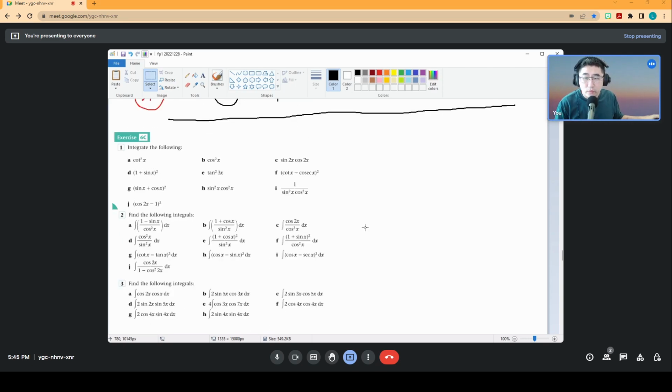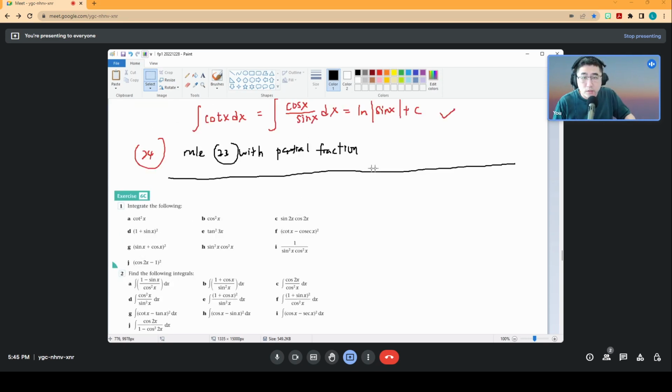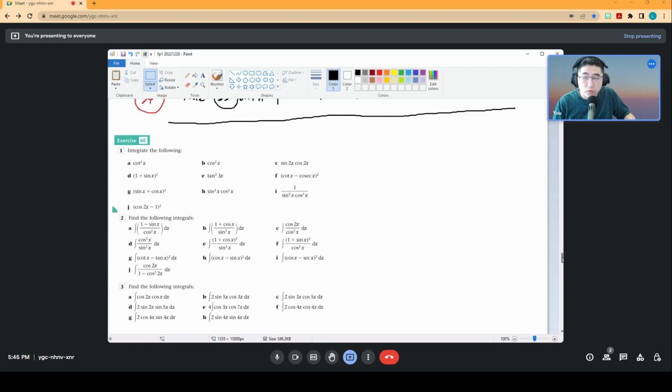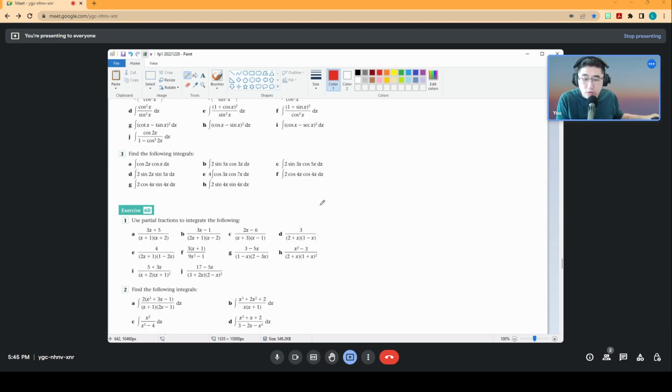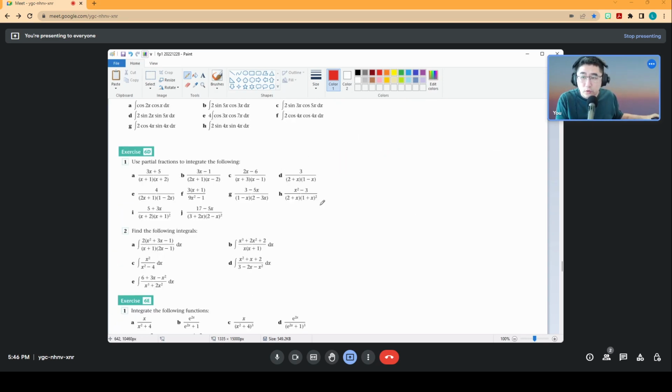Okay, there will be some formulas here. There are exercises here that you need to know how to do. So exercise 6C, this will be rules 19 and 20. Then with this 6D, you have rule 24.